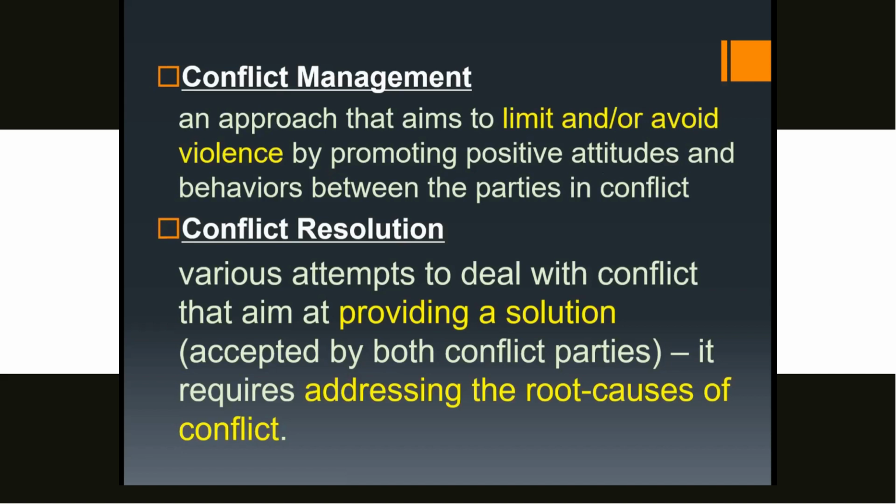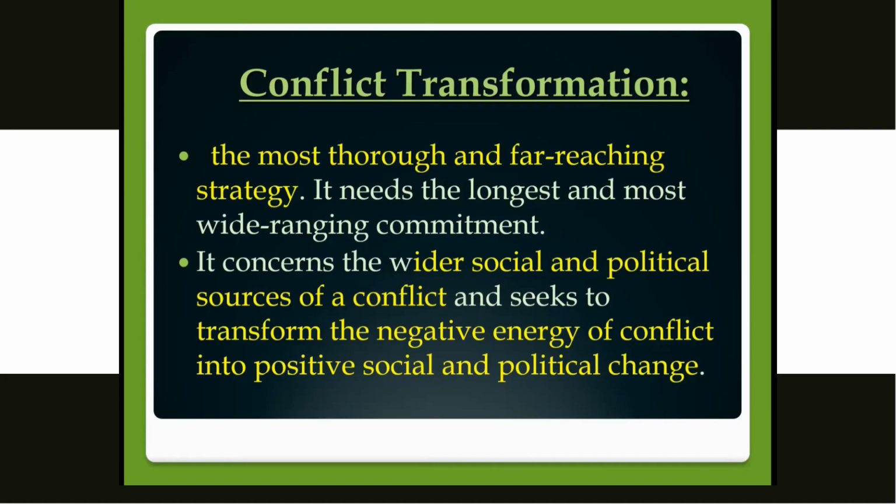But the difference is conflict resolution addresses the root causes of conflict together with conflict parties. Conflict transformation is a much more thorough, far-reaching strategy because it tries to change social and political sources of conflict, transform negative energy to positive energy.